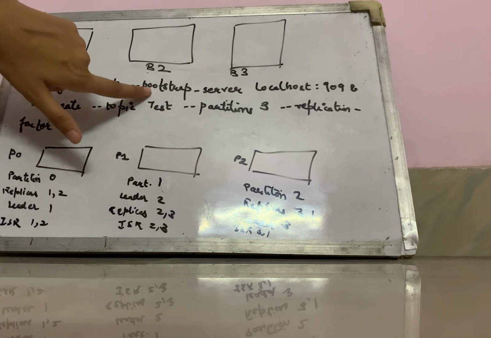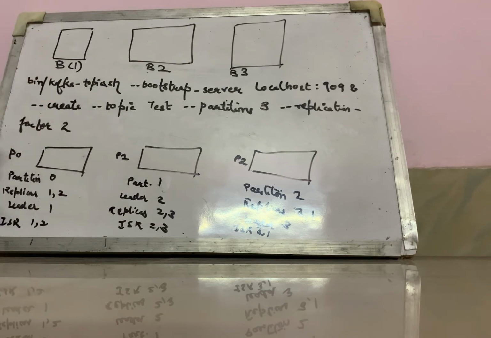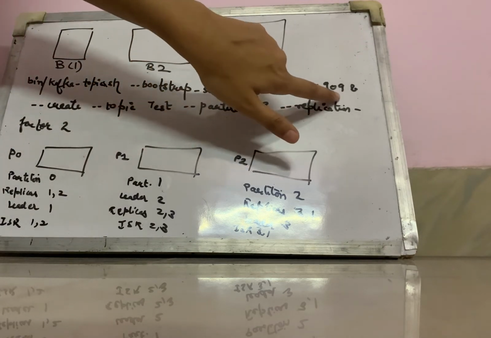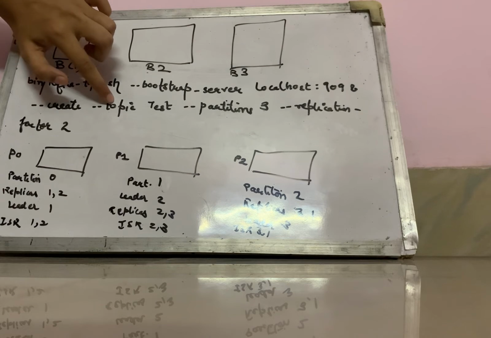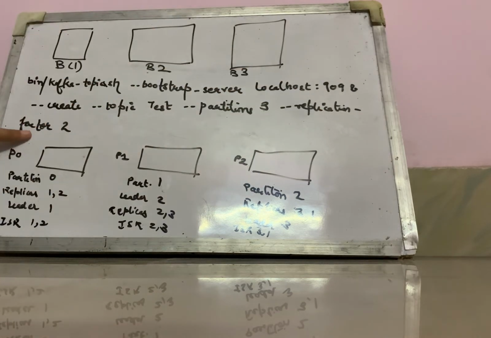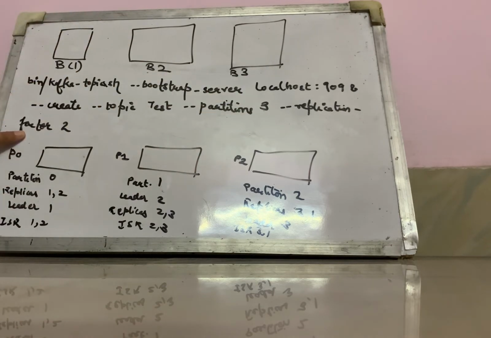We have to use the bootstrap server, because the topic will get created obviously in servers, in brokers, and it will be running on some port. So this is the port, and for creating the topic we use --create --topic, your topic name, how many partitions you want, and the replication factor. So this command will create the topic with 3 partitions and 2 replication factors.